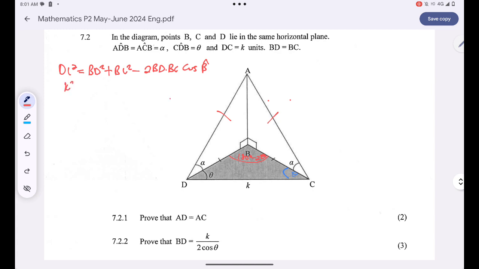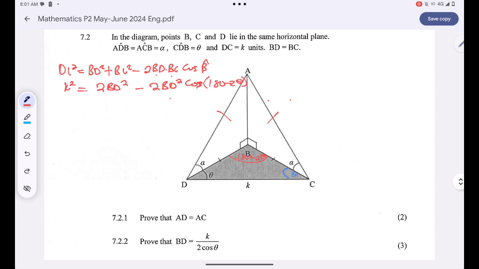DC squared is equal to K. Both BD and BC are the same, so over here I can simply write 2 times BD squared minus 2 times BD multiplied by BD, which gives BD squared, and the cos of 180 minus 2 theta.